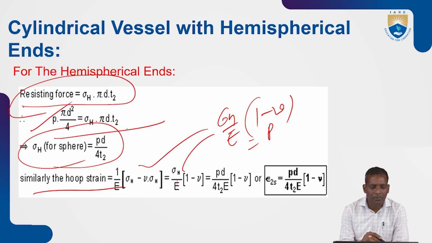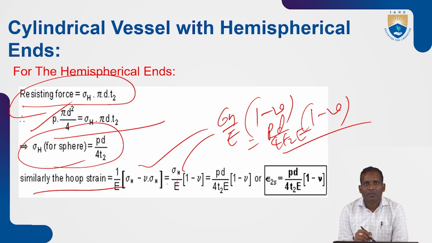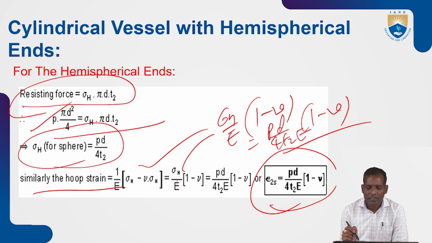Sigma h we already know is PD by 4T2, so it is PD by 4T2 E into 1 minus mu. So after simplification, you will get the hoop strain, epsilon, equal to PD by 4T2 E into 1 minus mu.